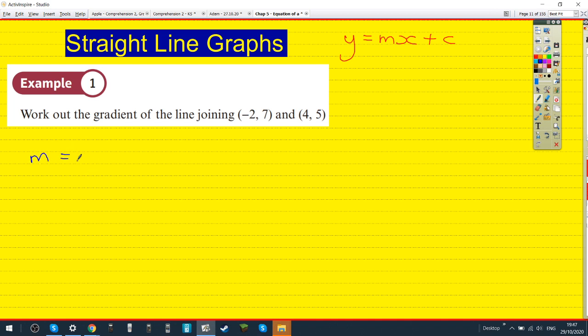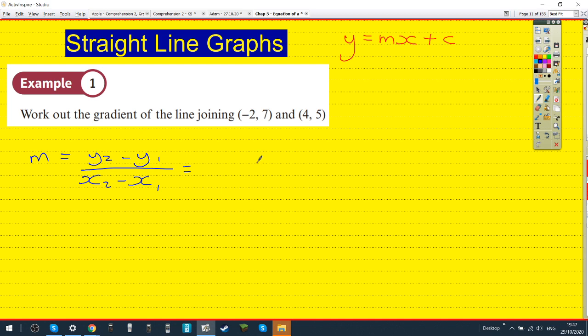Okay, so m's the gradient. Do you know the formula for gradient of two coordinates? Is it x2 minus x1 over y2 minus y1? It's the y's on the top, x on the bottom. Okay, sub in.